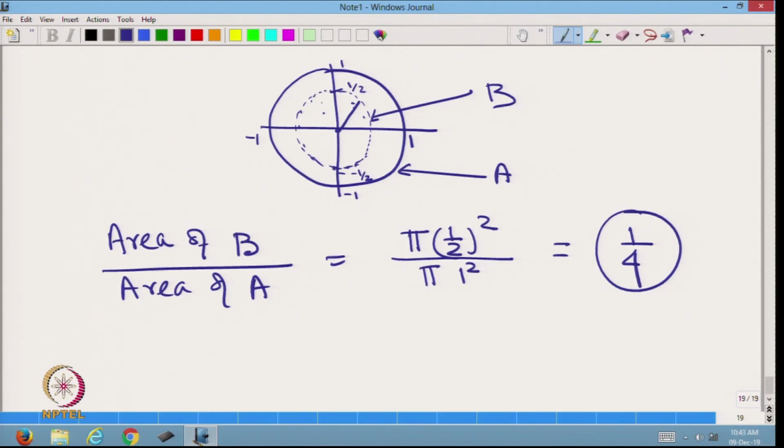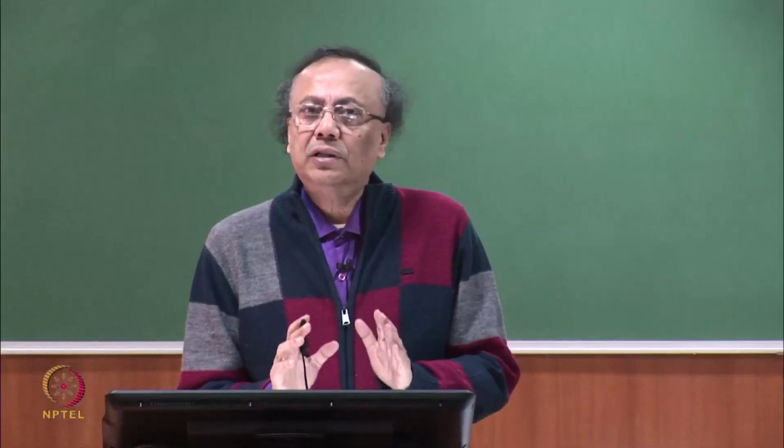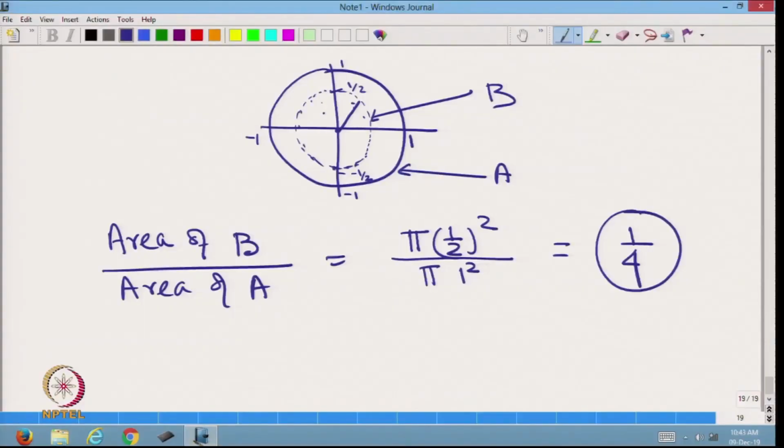I hope I could make it clear how the probability is calculated, not just merely counting the number of favorable outcomes to the total number of outcomes.